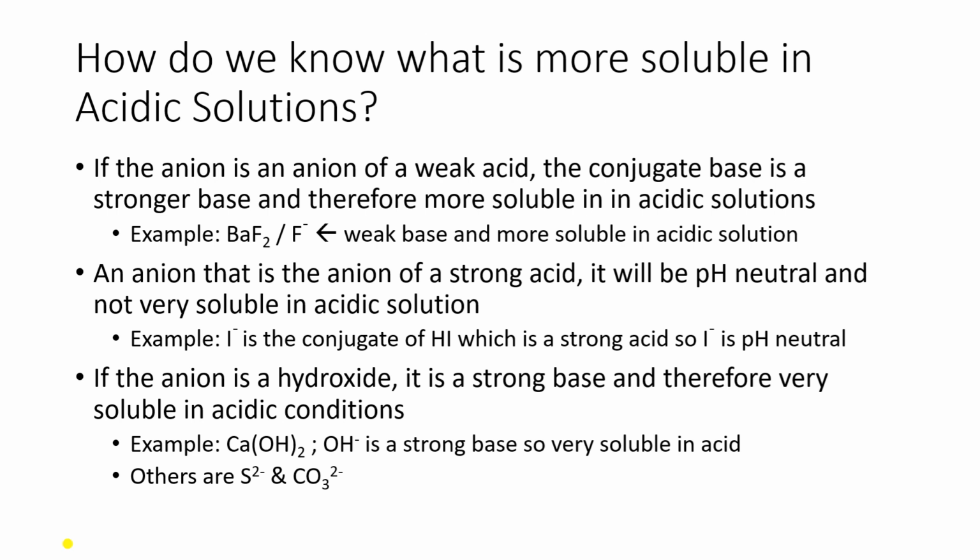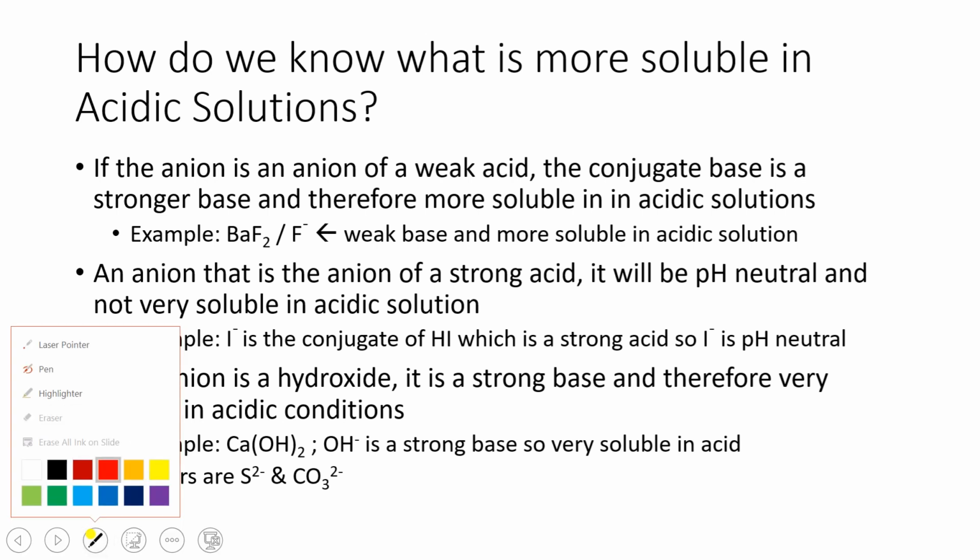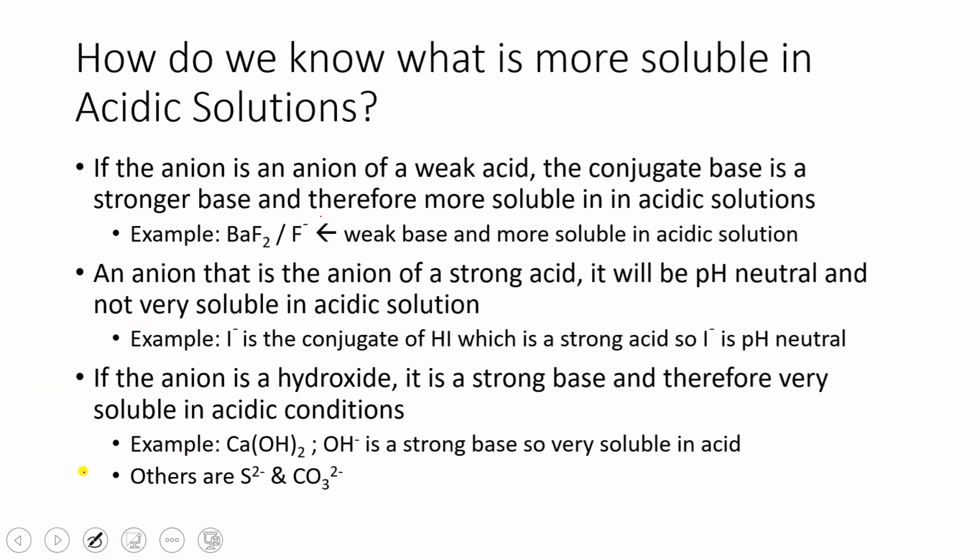So for example, if we have barium fluoride, the fluoride ion, when it dissociates into its ionic form, is the anion of a weak acid, hydrofluoric acid. So the anion itself will be a weak-ish base.